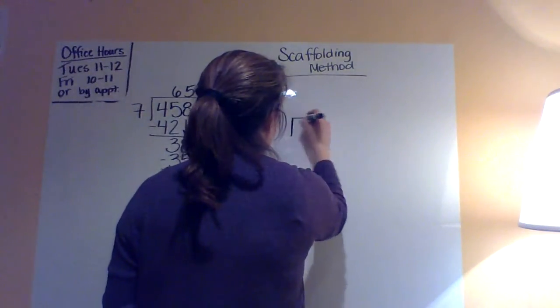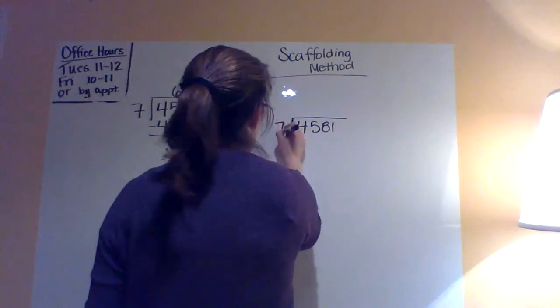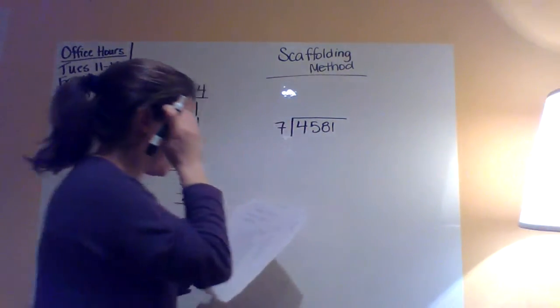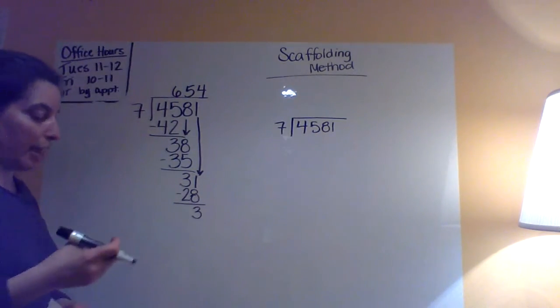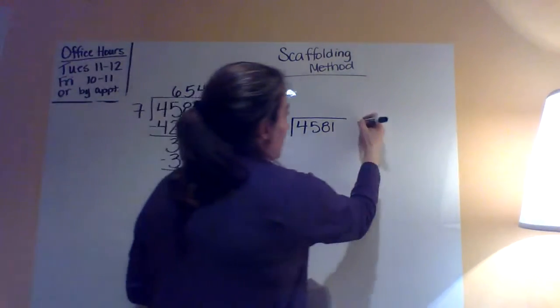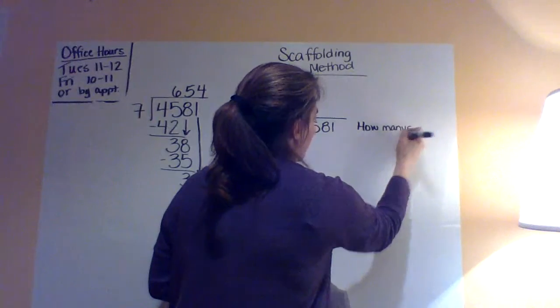So I'm going to start with the same problem, 4,581 divided by 7. So what I'm going to ask myself at each step is basically how many of whatever place value I'm on.